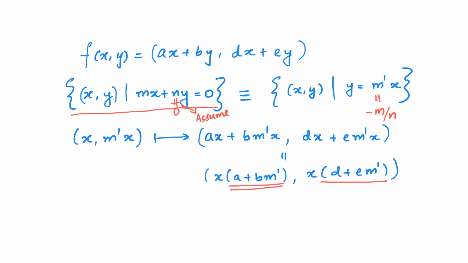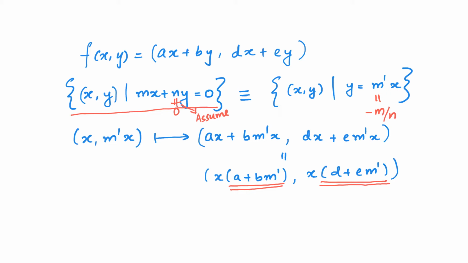The third possibility is that d + em' is equal to 0, but a + bm' is not equal to 0. In this case, (x, m'x) gets mapped to (some constant times x, 0), which is the x-axis. The fourth case is when both the numbers are not 0.